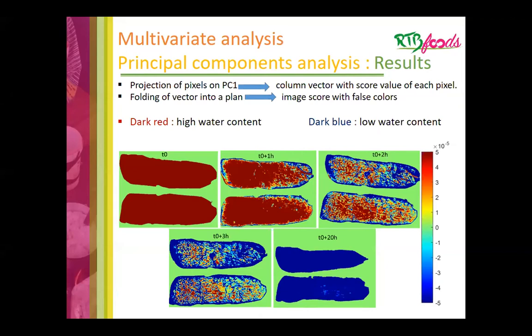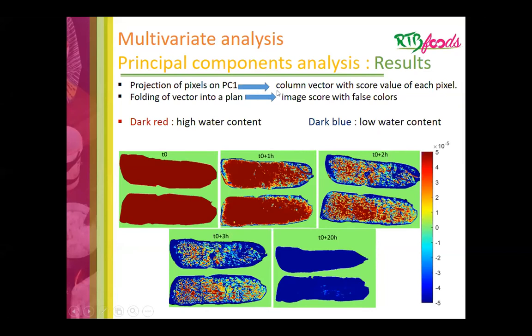In order to visualize water distribution in yam during oven drying, we project all pixels of each image on the PC1 axis, because the PC1 axis explains the maximum of variability, and we have seen that it explains the variability of free water.